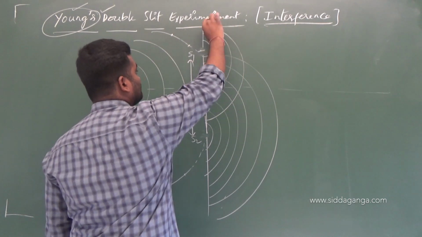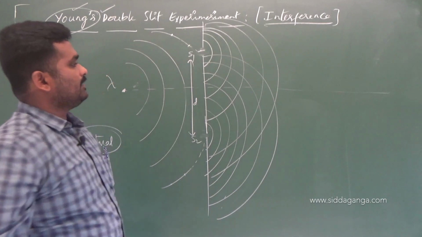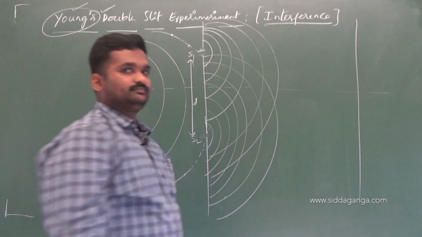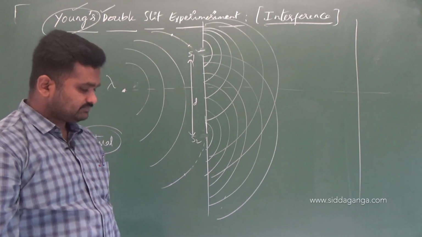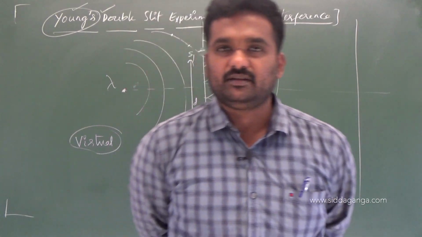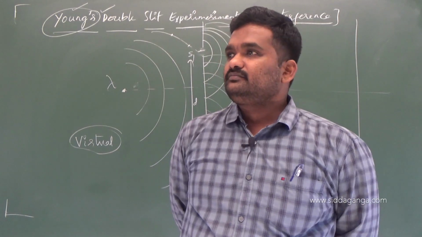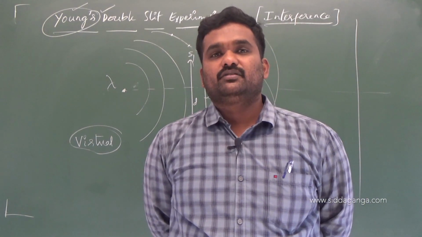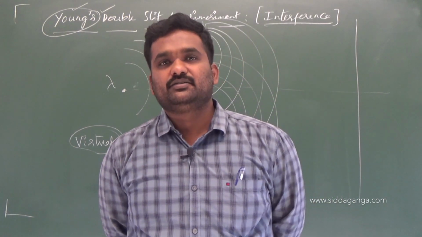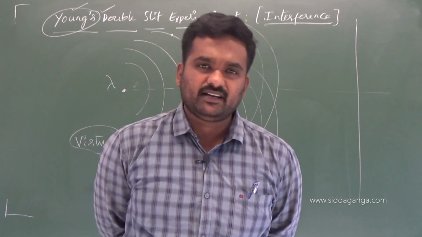And even like this. Now, what is the observation on the screen? Remember, when I told you the concept of primary wavefront and secondary wavefront, I said interference is caused due to the superposition of two primary wavefronts, and diffraction is due to the superposition of two secondary wavefronts, or a primary and a secondary wavefront.